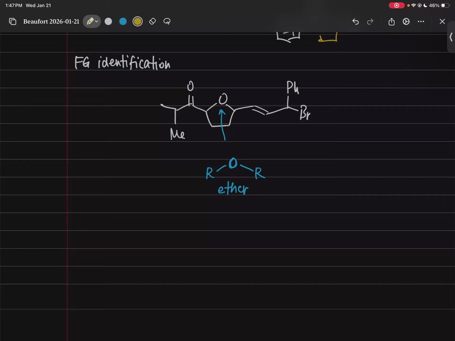So this is a carbonyl group. Specifically, what kind of carbonyl is it? There's two R's next to it. And so that is a ketone. So a carbonyl, specifically a ketone.